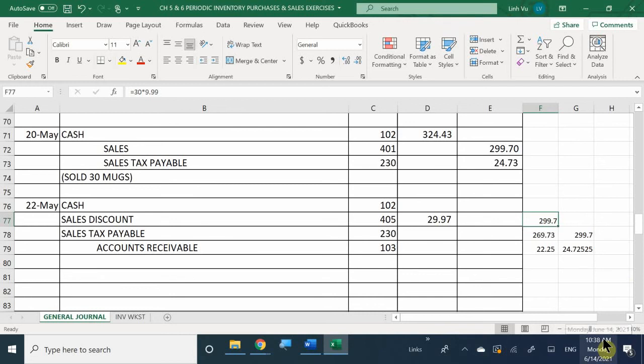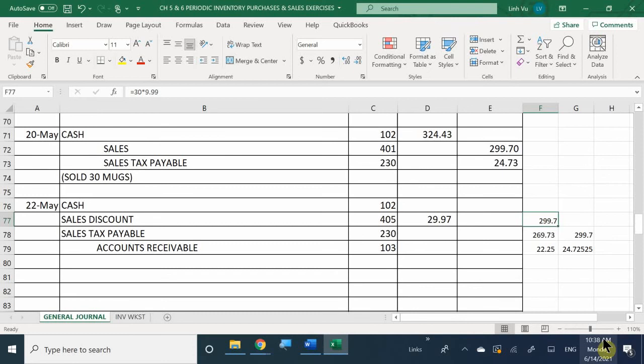Correct. Okay. But what she's asking is, is he also due a discount on the tax as well? Is that what you're saying? Not a discount on the tax, a discount on the original purchase price. So in my original transaction, I taxed him at the full amount for the full $299. I can't do that.